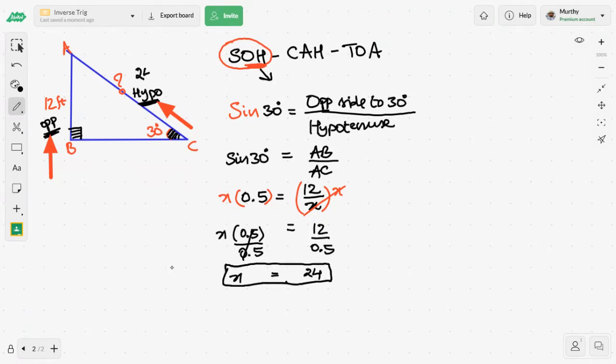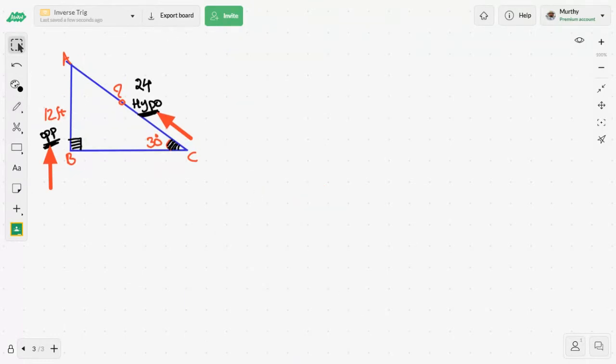Okay. Now, just imagine a situation. Let me copy this diagram to the next page. Now, here, I'm assuming that I don't know the angle. This time, imagine that you have been given two sides.